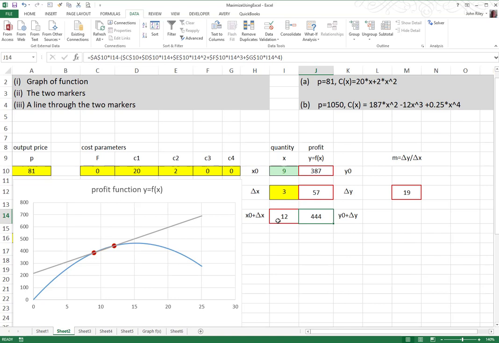And then I've taken this point, 12 and 444, and I've popped them into the same picture. And finally, I've drawn a line through those 2 points. So with this figure, we're going to find it much, much easier to get a very accurate estimate of the output that would maximize profit.